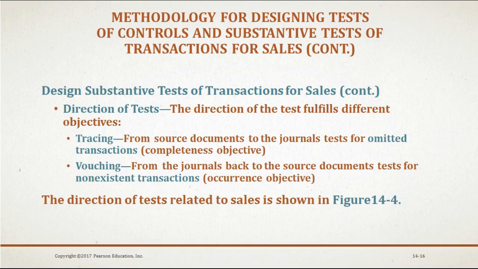For tracing, the auditor does testing from the source document to the journal to test for omitted transactions, basically fulfilling the completeness objective for the audit. For vouching, the auditor does testing from the journals back to the source document to test for non-existent transactions, and this meets the occurrence objective for the audit.